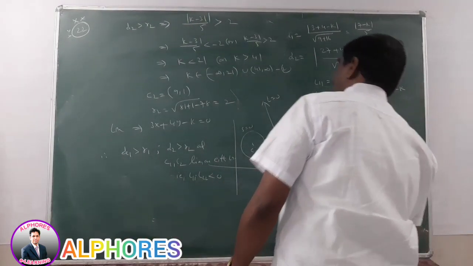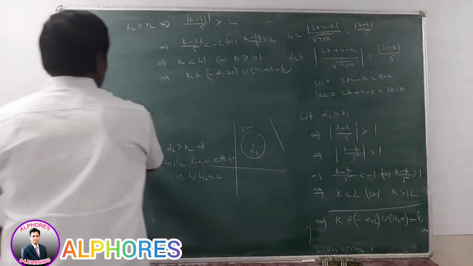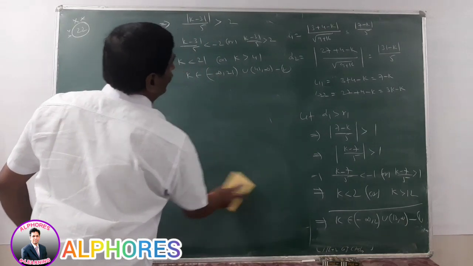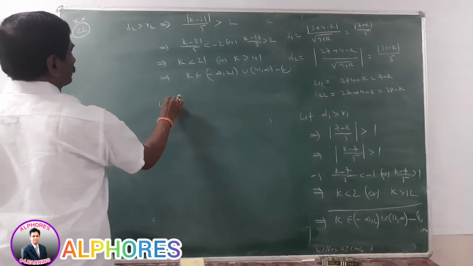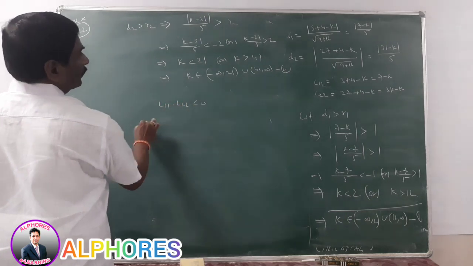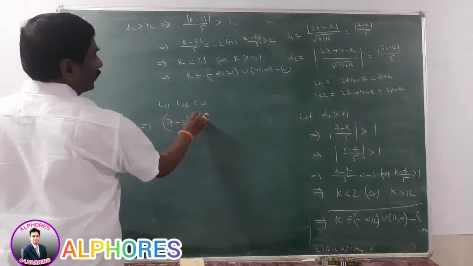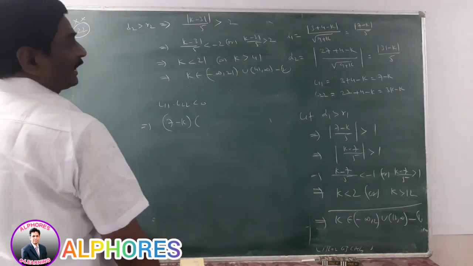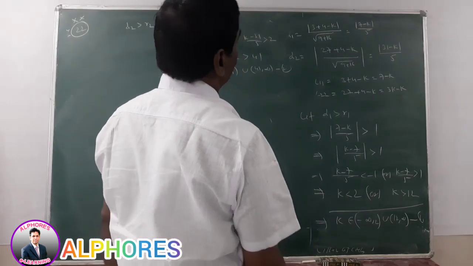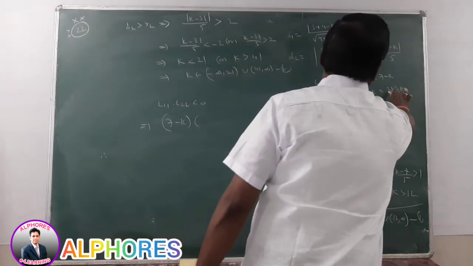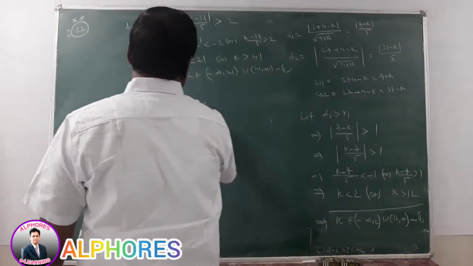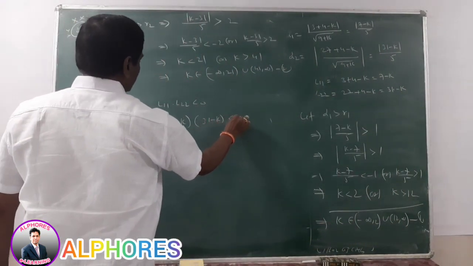Next condition: L11 into L22 less than 0. What is the value of L11 into L22? L11 is 7 minus k, into 31 minus k, less than 0.